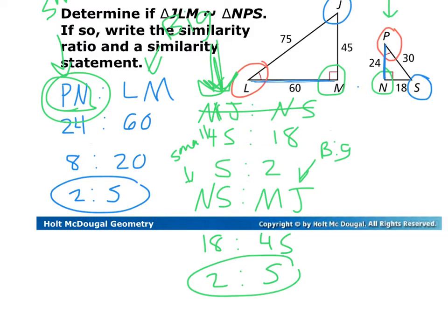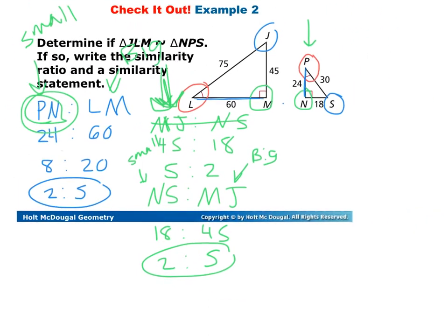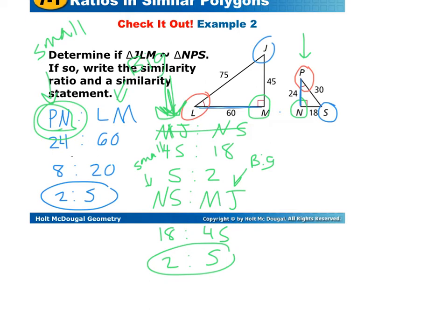And what's our last pair of sides we need to check? 30 and 75. JL and PS. So we start with PS because PS is coming from the small triangle, and that corresponds to JL. So the length of PS is 30, and the length of JL is 75.